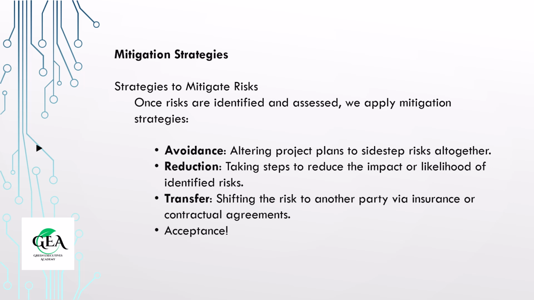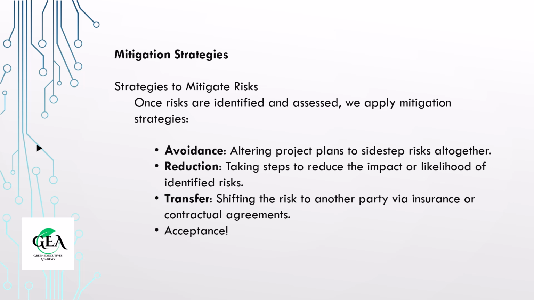When it comes to mitigating risks in renewable energy projects, we have several strategies to choose from. First, there's avoidance. This is about altering project plans to sidestep risks entirely. For example, if a wind farm site is prone to frequent extreme weather, selecting an alternative location might be the best course of action.